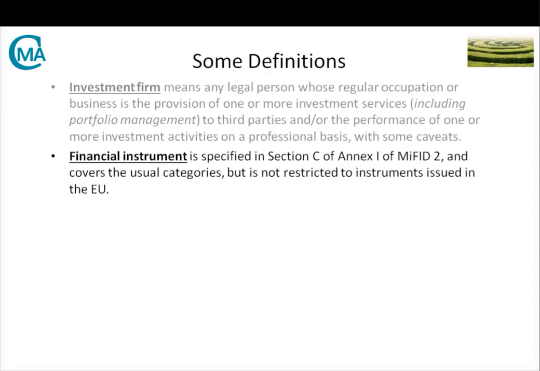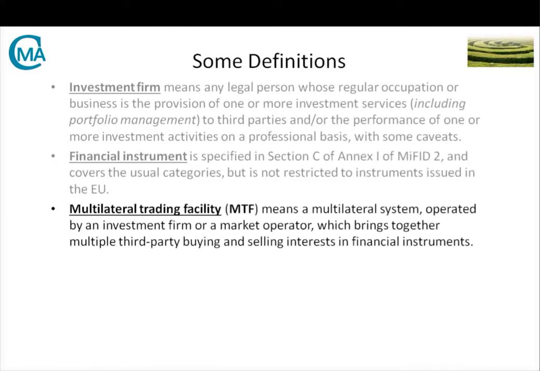The definition of a financial instrument is in Section C, and once again, doesn't restrict itself to instruments in the EU. So as you go through these rules, you'll see these terms, and when it says an investment firm, it means any. It'll say EU investment firm or third country investment firm otherwise. When we get to market structure, we'll see why these are important distinctions.